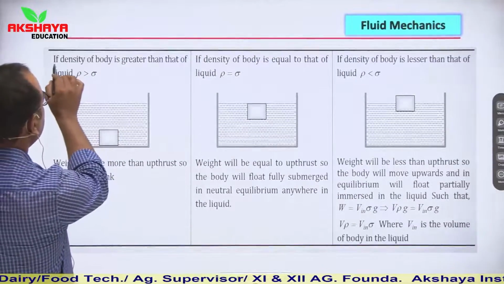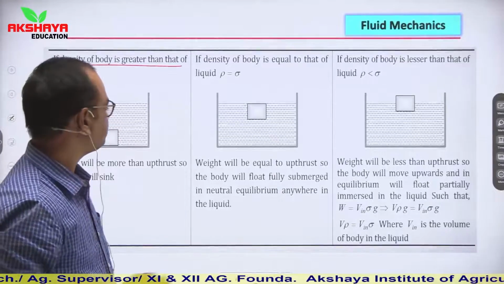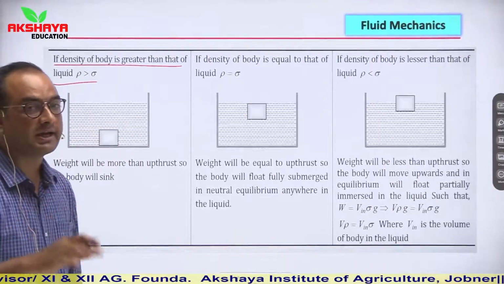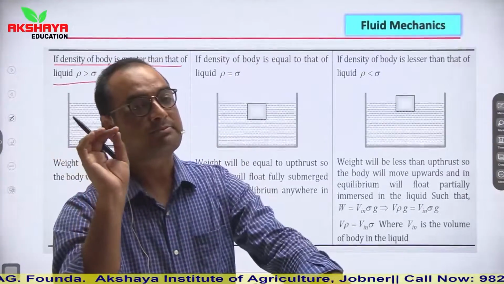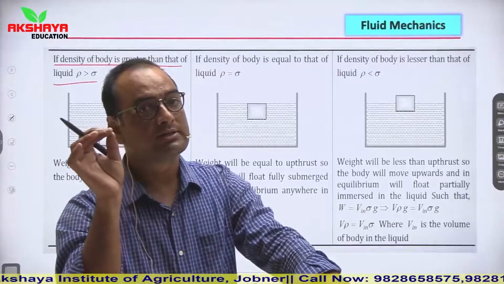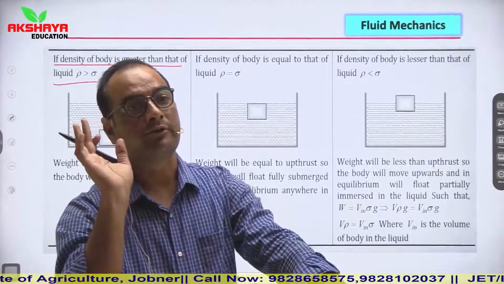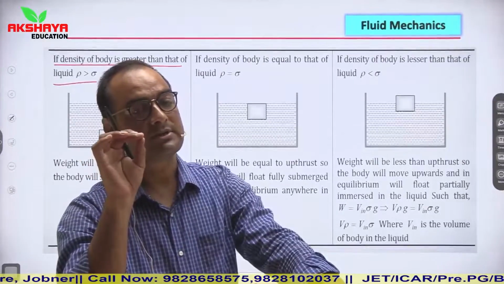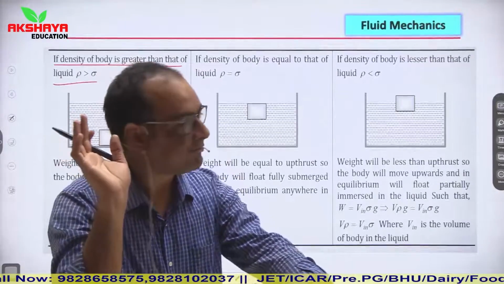If the density of the body is greater than the density of the liquid, then as I explained in a previous slide, an object of higher density always sinks in a liquid, or it sits at the bottom of that fluid, and if the density of a substance is smaller, then it floats on that liquid surface.